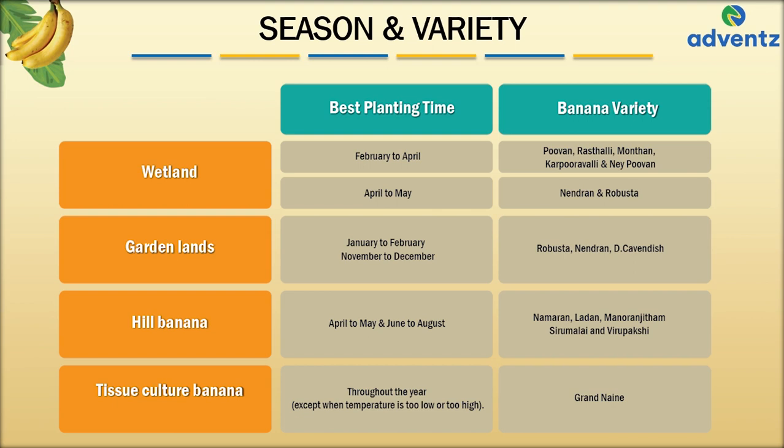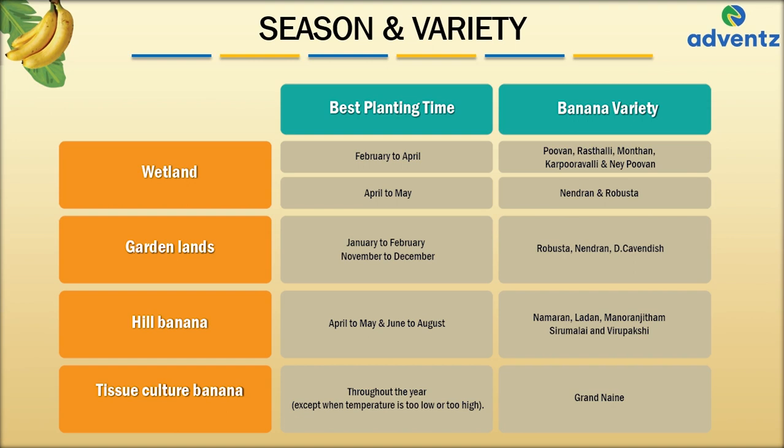For garden land, the best time for plantation is between January to February and November to December. Robusta, Nendran, Dwarf Cavendish are the best varieties which grow well in garden lands. For hill banana, the best time for planting is between April to May and between June to August.